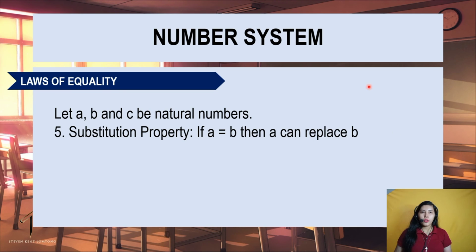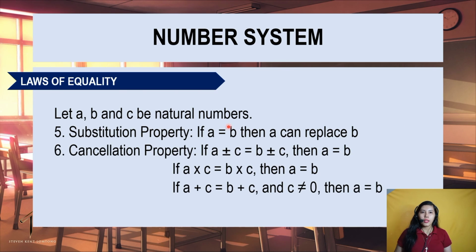We also have the substitution property. So, of course, if A is equal to B, that means we can replace A with B. Cancellation property, so if A plus or minus C is equal to B plus or minus C, then A is equal to B. So that's it.